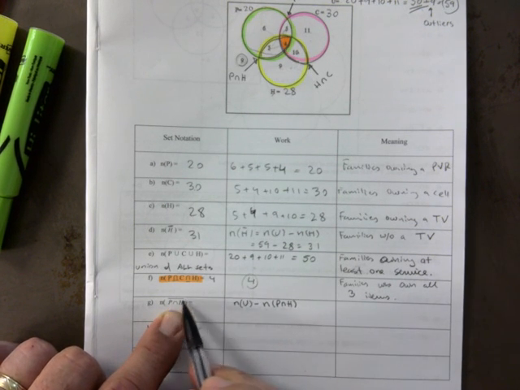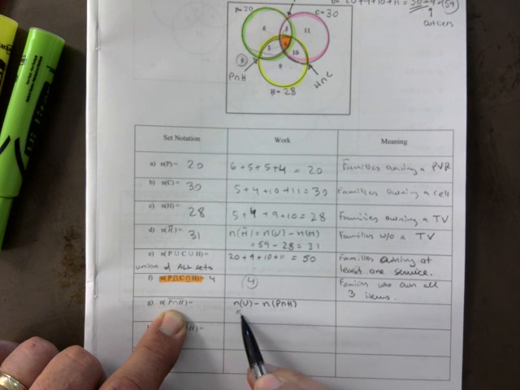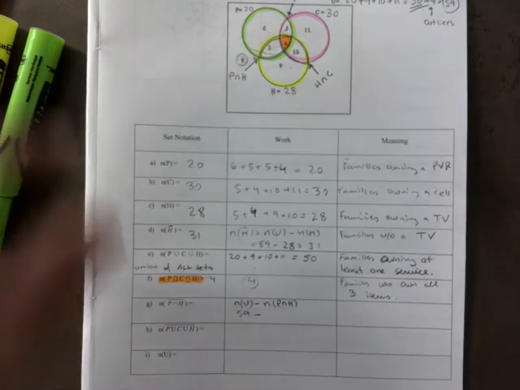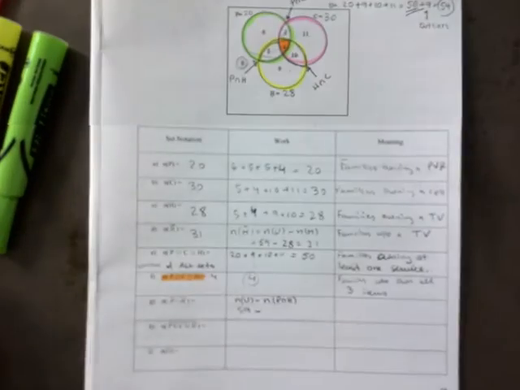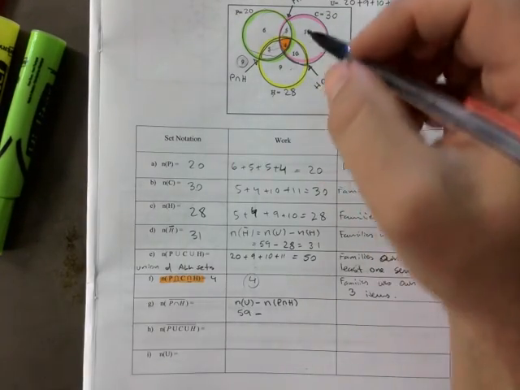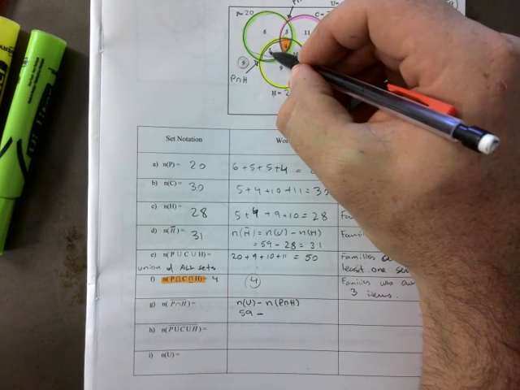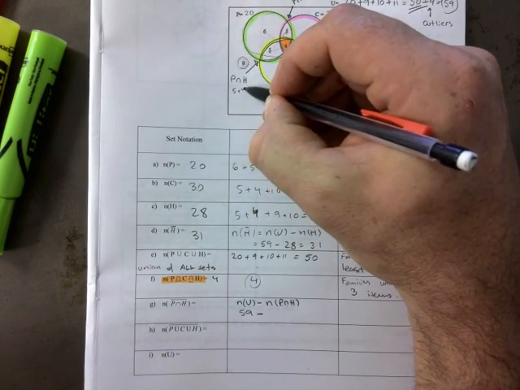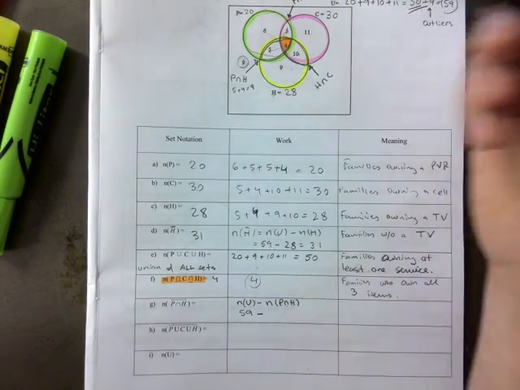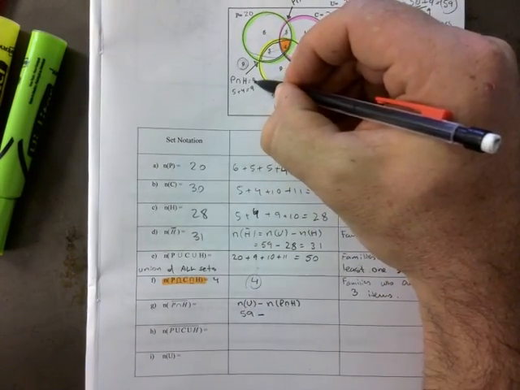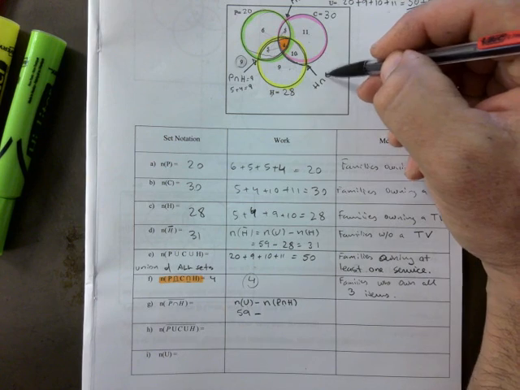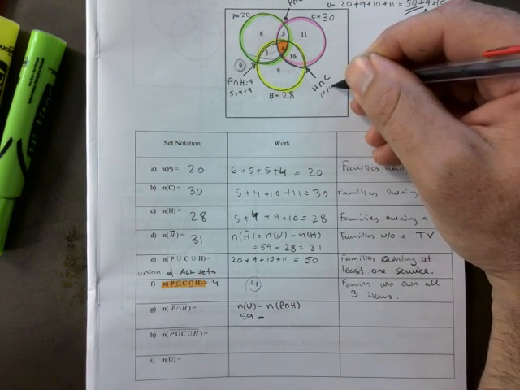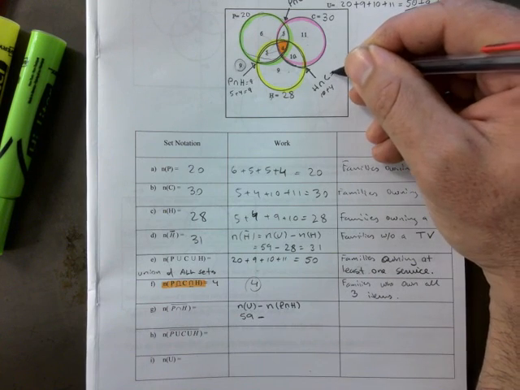If you don't want that, you take your universal and subtract P intersect H. We're just going to go up there. It's not 5, it's actually 5 and 4. 5 plus 4 is 9. So this intersection is 9. This intersection is 10 and 4. So 10 plus 4 right here. So this is 14.